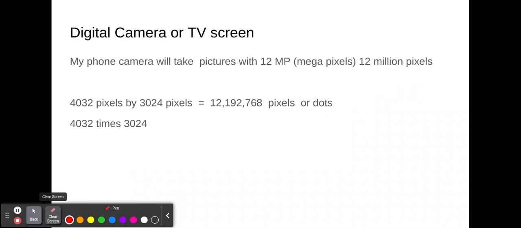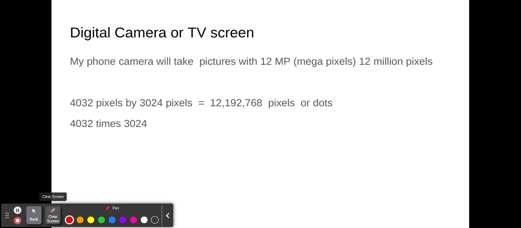Okay. So when we think about a digital camera or a TV screen, these are made up of tiny dots. Maybe you know this, maybe you don't. A TV screen or a camera will have a certain number of megapixels. I was just looking at my camera on my phone, and I can take a picture that is up to 12 megapixels, which is about 12 million pixels, or 12 million of those dots.